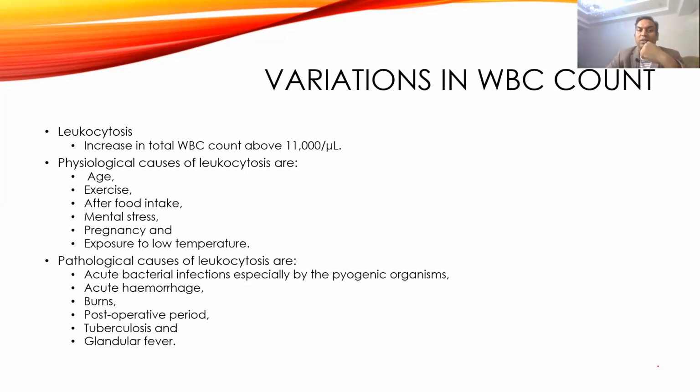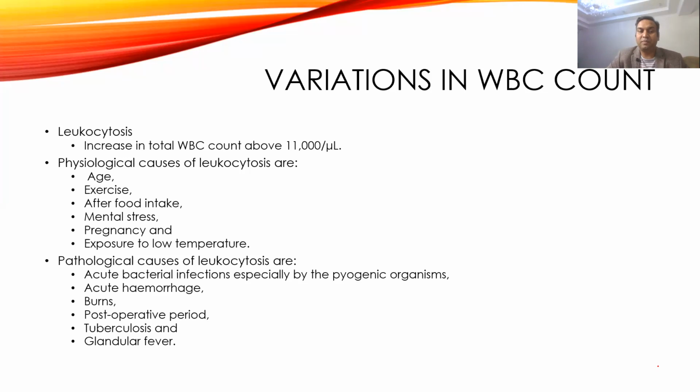Immediately after exercise, leukocyte count increases because of increased sympathetic activity. There will be vasoconstriction, and whatever blood cells are in the peripheral pool will come into the central pool. Then immediately after food intake, stress, pregnancy, and exposure to extreme temperature, low or high, all those things can increase leukocyte count.